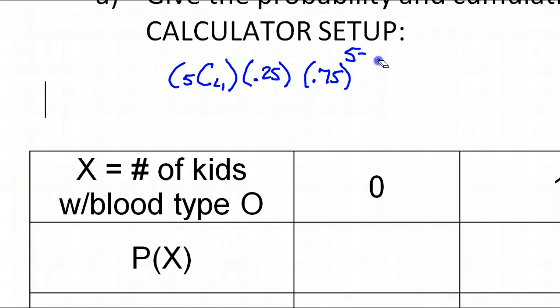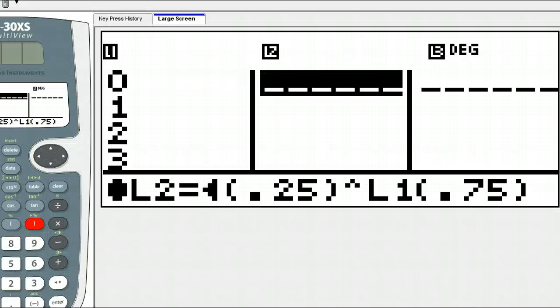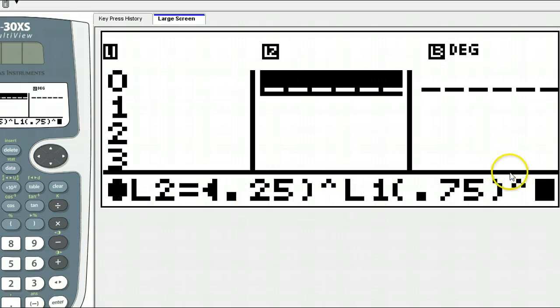It's going to bother me. Okay, it's the total minus the successes. That'll be however many's left for failures. Okay, so I need to do to the power of 5 minus L1.